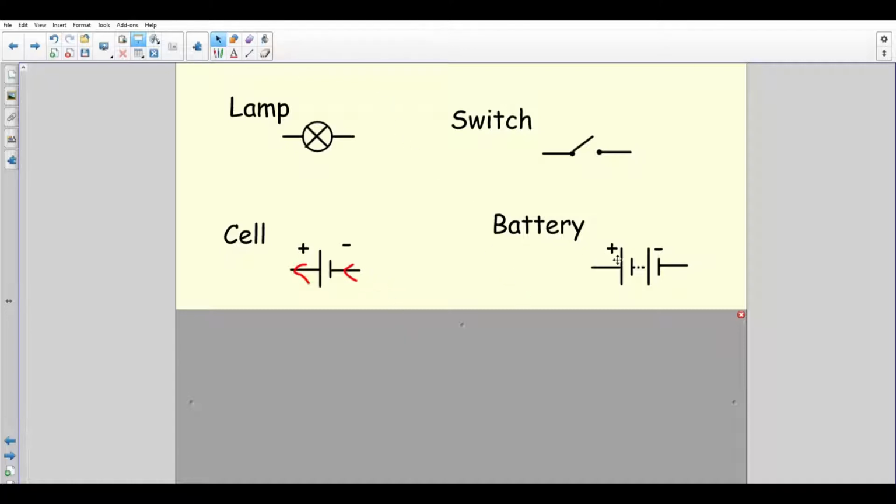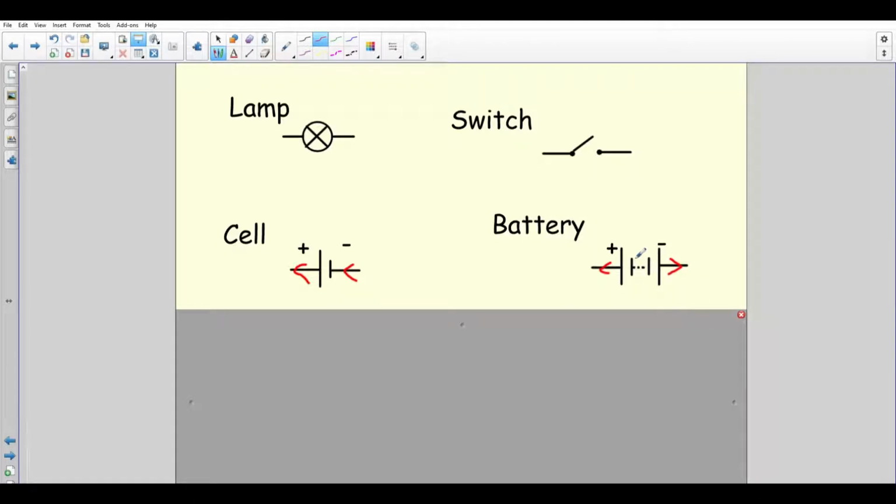So we need to make sure that we always put them going the same way, so that both these two cells are pushing the current round the same direction. They're both trying to push the current out this way. If you drew this wrong, which a lot of people do, or you often get given it wrong in an exam question and asked what is wrong with it, then both of these would be trying to push the current the opposite way, and that would just not work.